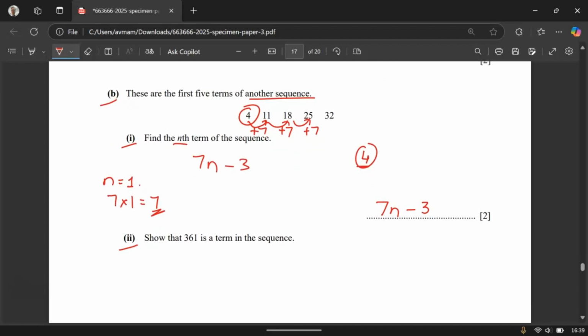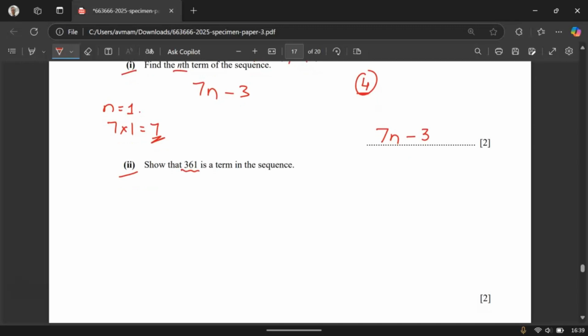Question number 2. Show that 361 is a term in the sequence. So we have our nth term, that is 7n minus 3. If this is equal to 361, then we can prove that it is in the sequence. So first add 3 to both sides. So 7n equal to 361 plus 3, 7n equal to 364.